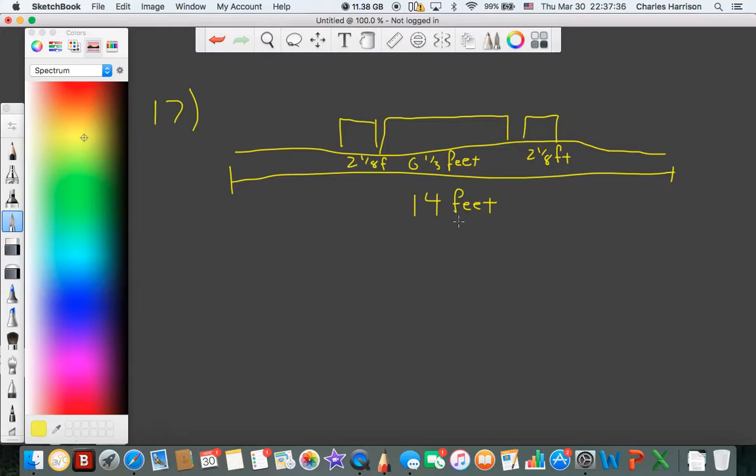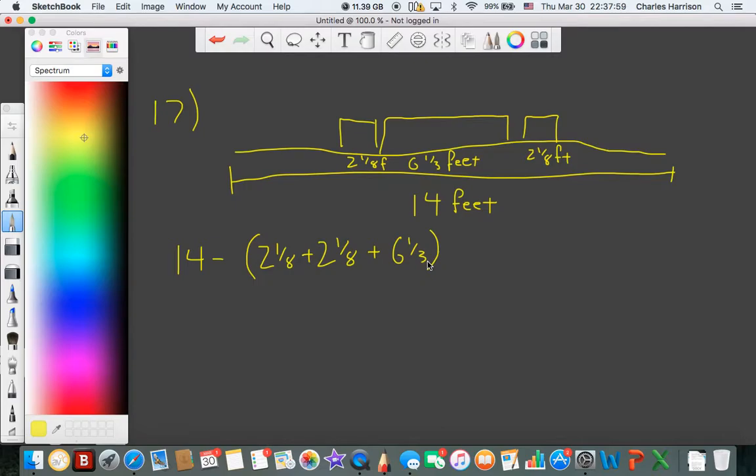So here we go. Let's do that. So it's 14 minus the summation of these pieces of furniture, like so. All right.